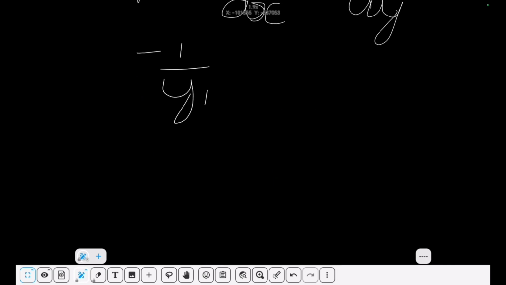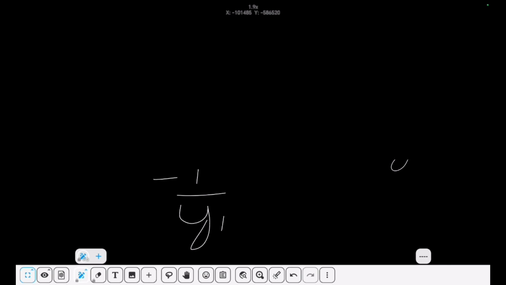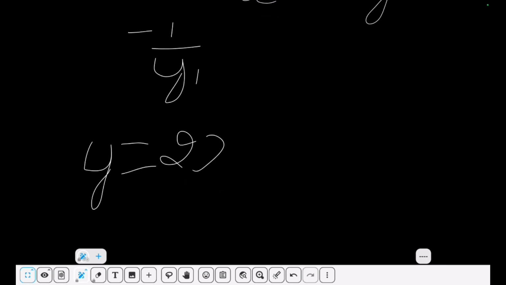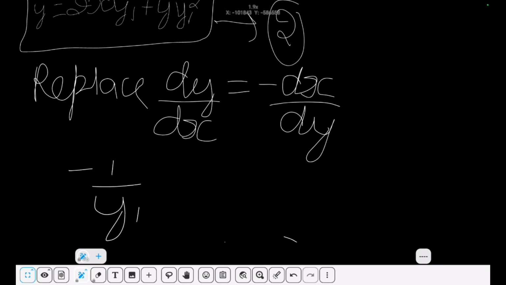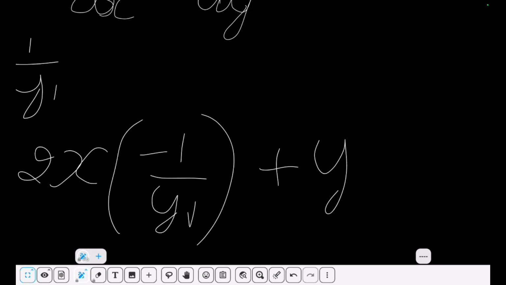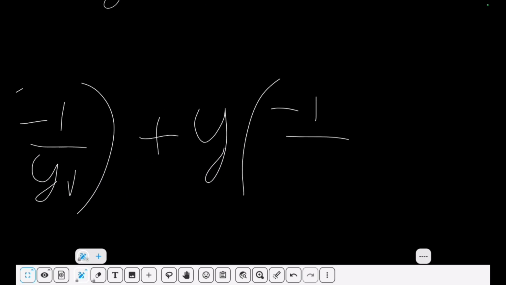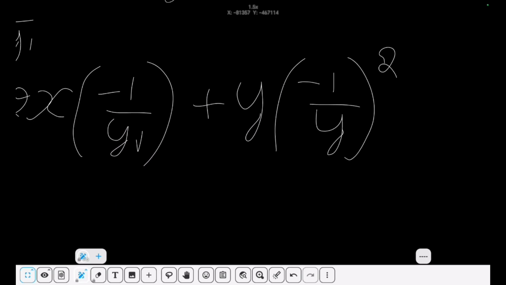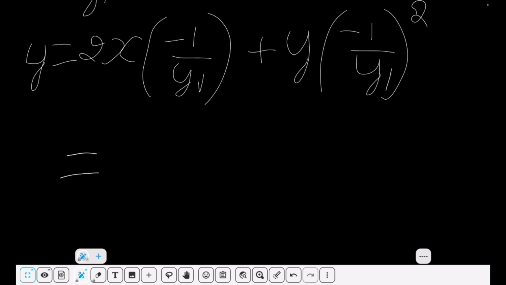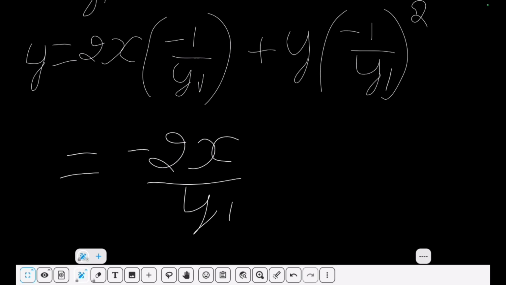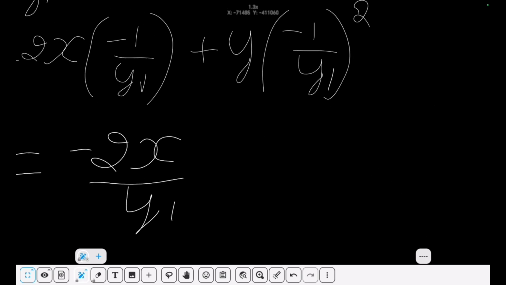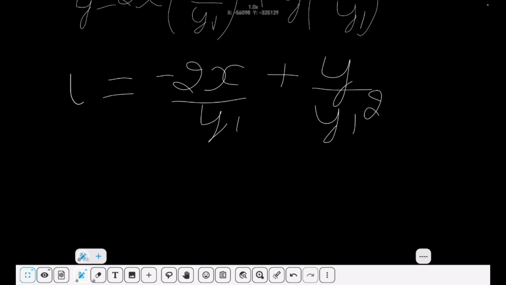So if I replace it, the equation will be y equals 2x, replacing y1 will be minus 1 by y1, plus y into y1 square, that will be minus 1 by y1 whole square. This will be minus 2x by y1, minus into minus will be plus, so that gives me plus y by y1 square. Yes, that will be equal to y.